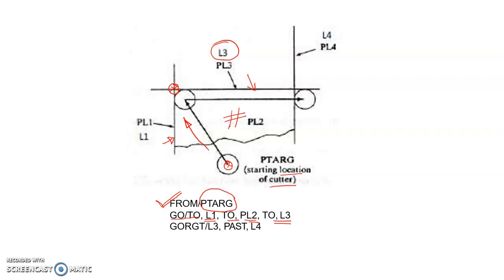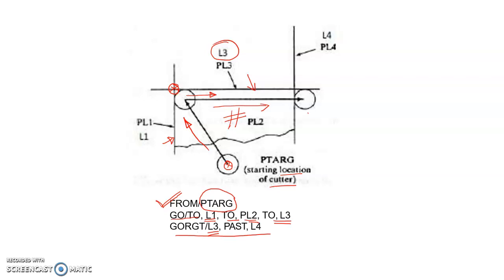Then second thing, we need to move the tool in this direction up to this point. So that is given over here. Then it is go right. That means from here it has to move in the right direction. So this is go right along L3.